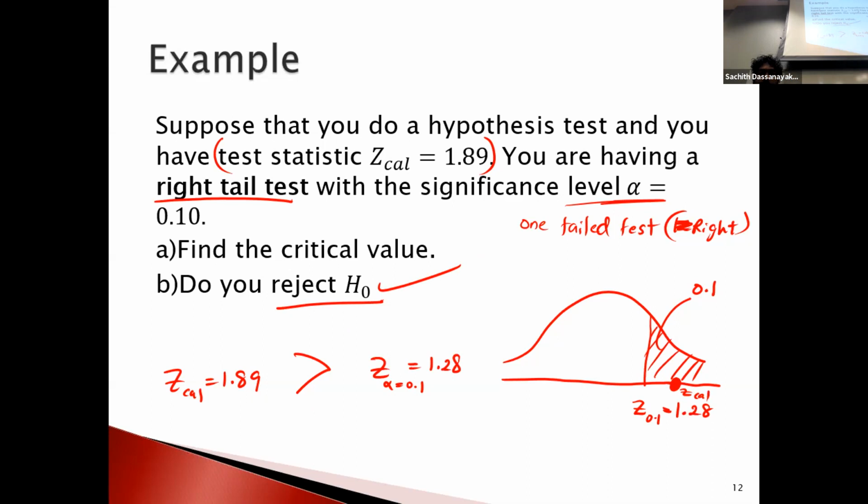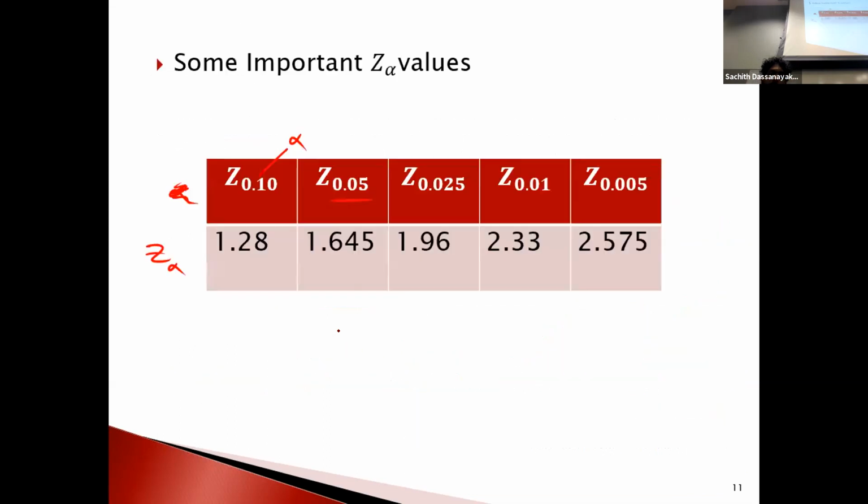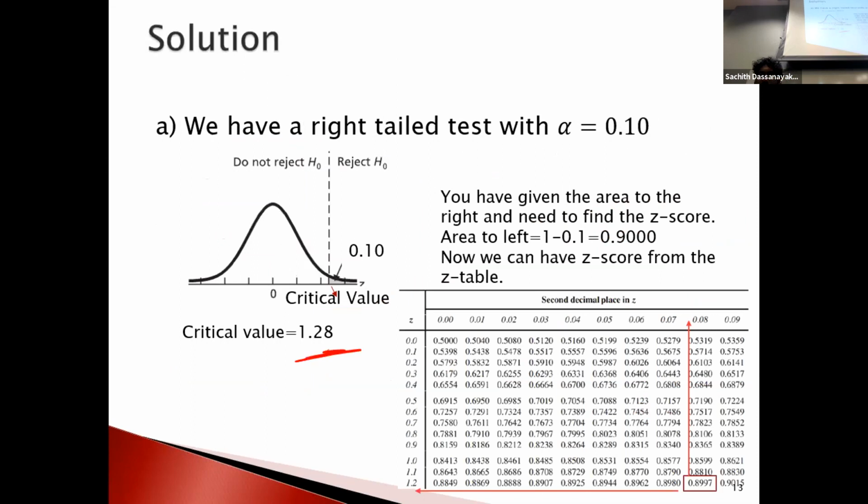Later I will teach you how to find that test statistic value, or Z calculated value. For now, imagine you have this Z calculated value. This is the explanation of that. The critical value is 1.28. I took it from this table. This is how we find it.